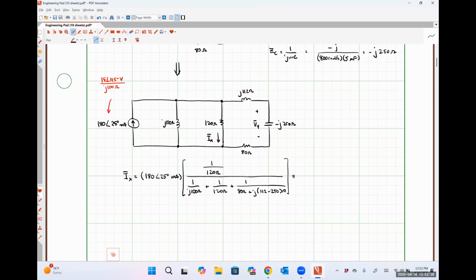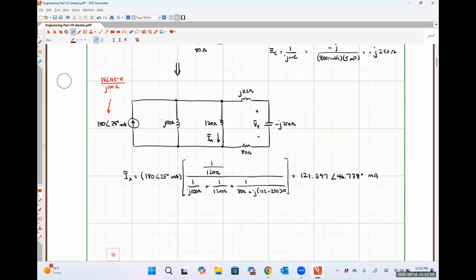So if I put this into my calculator correctly, I get 121.397 with an angle of 46.738 degrees milliamps. Okay.